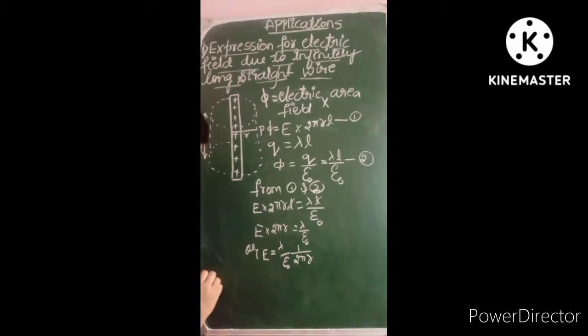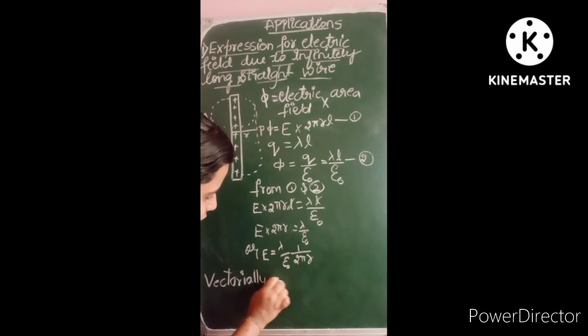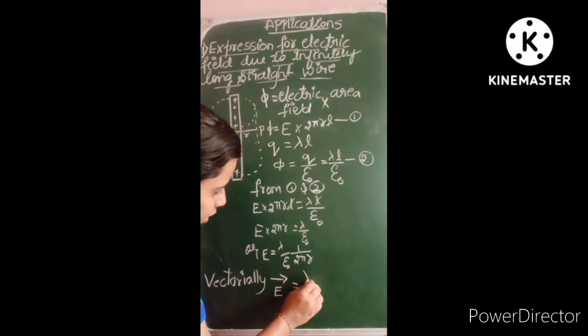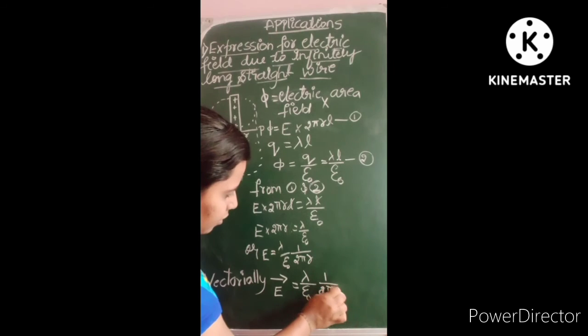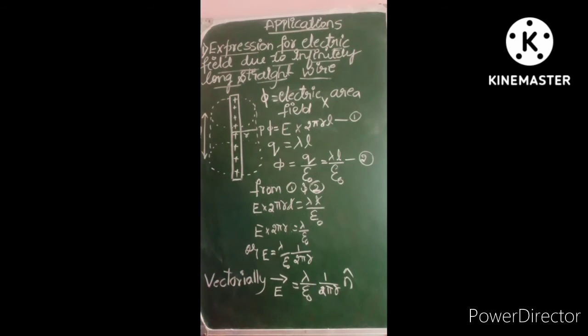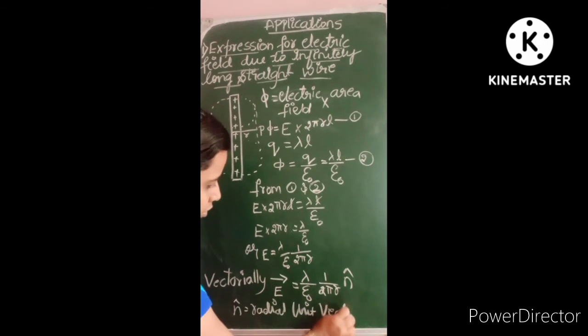Vectorially, it can be represented as E bar is equal to lambda divided by epsilon naught into 1 by 2 pi r into n cap, where n cap is nothing but the radial unit vector.